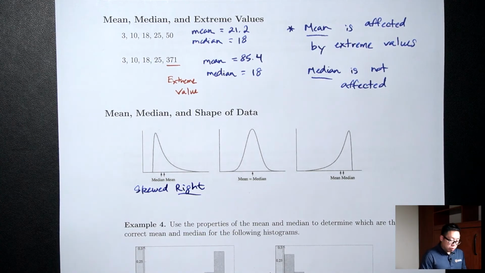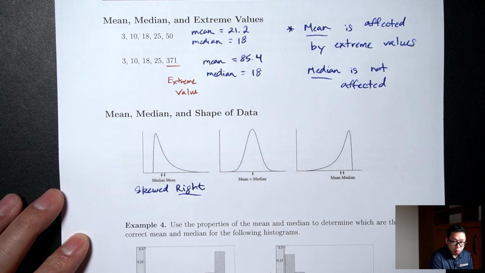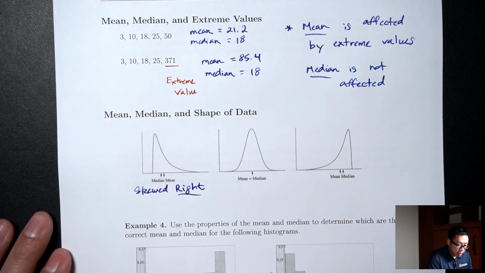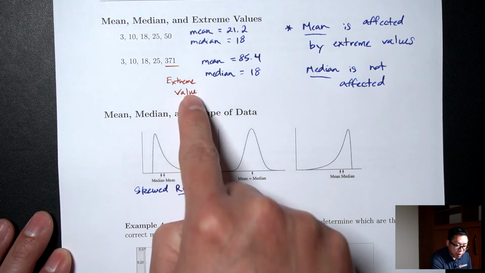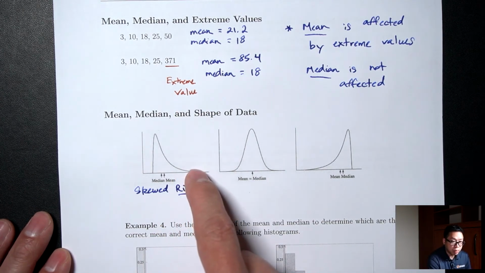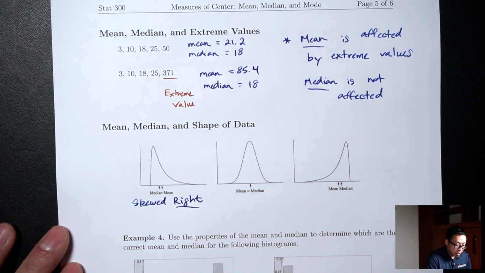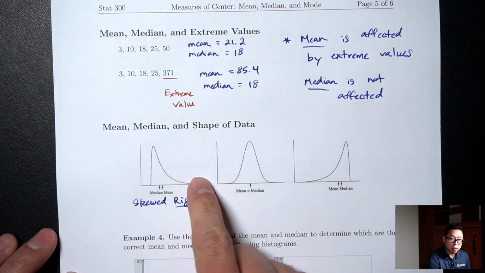And what I want to show you with this picture is that when you have data skewed right, that means most of your data is where the peak is. So most of your data is on the low side. Then you have a few extreme values on the high side. The extreme values will affect the mean more, like we said up here, and it does it by pulling the mean towards the extreme values.